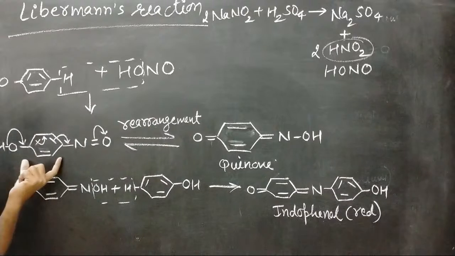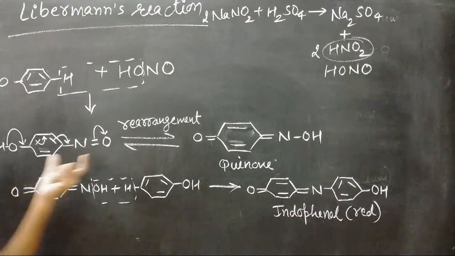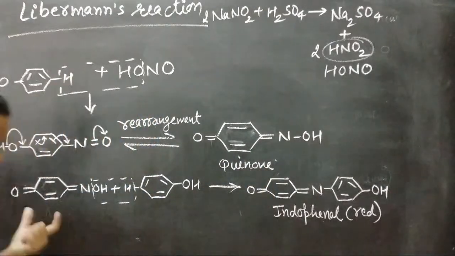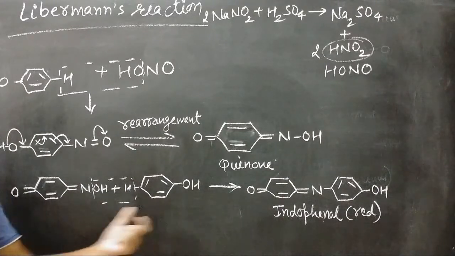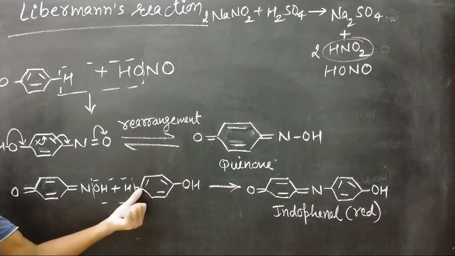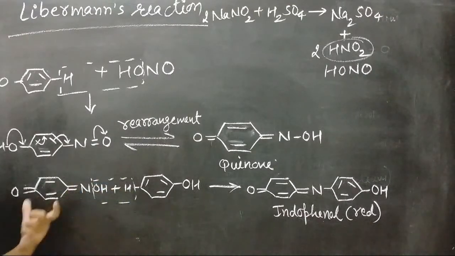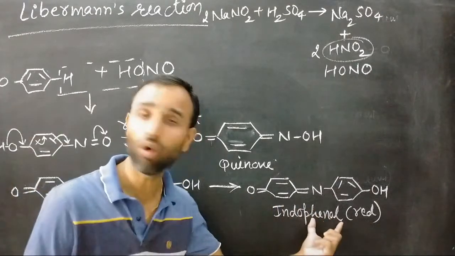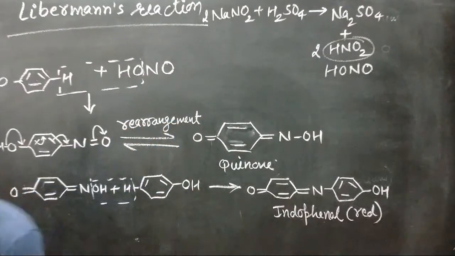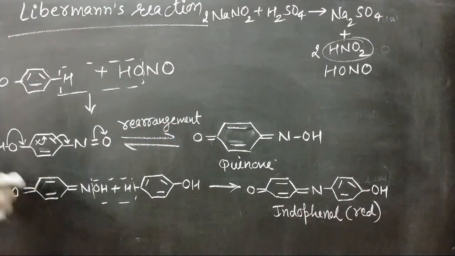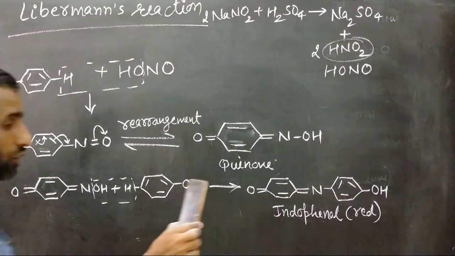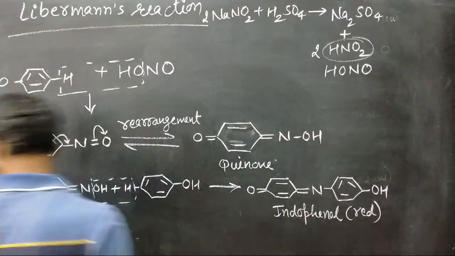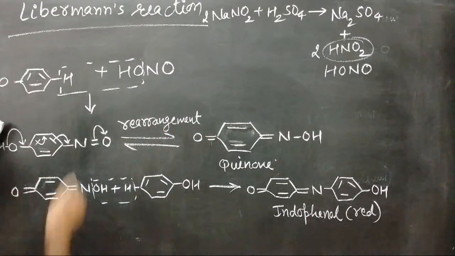We get para-nitrosophenol, and this para-nitrosophenol when rearranged gives quinone, and this quinone when reacting with another molecule of phenol, attacks at the para position because of steric hindrance, and we get indophenol, which is red in color. Okay.